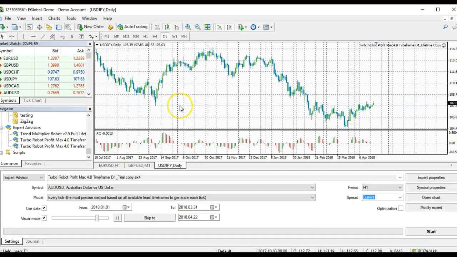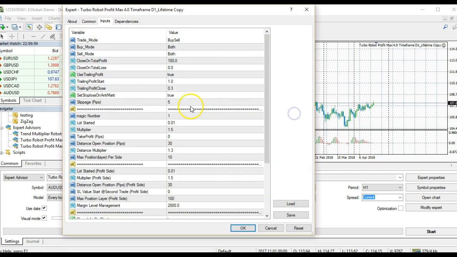Alright. So for Turbo Robot we also have, this is our Turbo Robot Profit Maximizer here, 4.0, time frame D1, lifetime copy. So you should check the D1. When you right click this, you can see the settings all over here. Turbo Robot has more settings compared to Trend Multiplier.